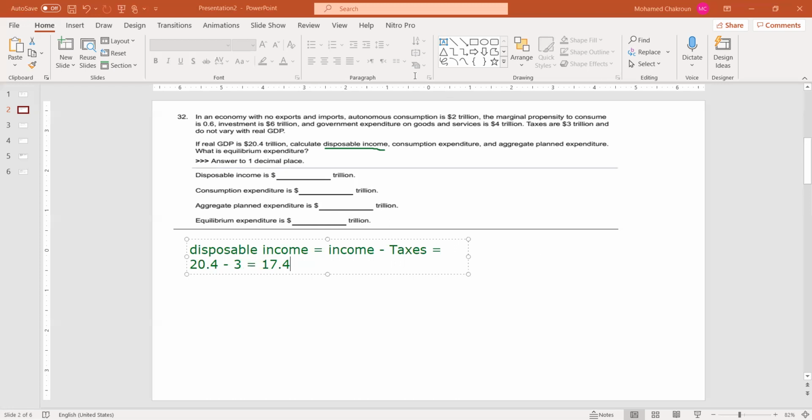Let's move now to consumption expenditure.